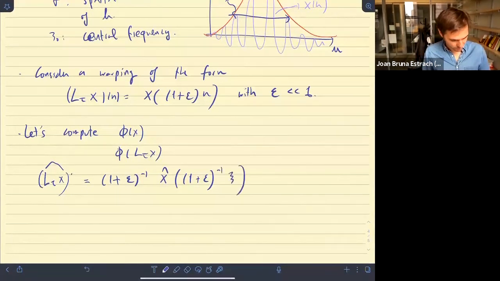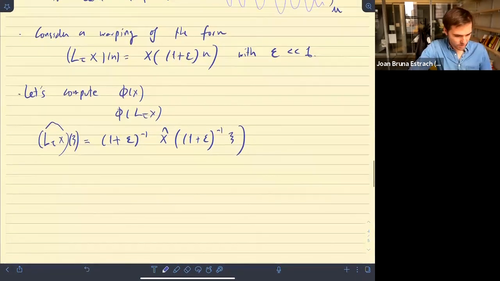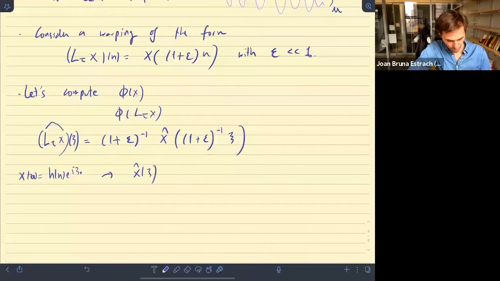Okay, so the Fourier transform of this model at frequency psi, I can relate it to this model. And of course, now we can use the definition of our function, right? So remember that we called x of u is of the form h of u times something like this. So what is the Fourier transform of a modulated window? If you remember, this means that the Fourier transform of x at xi is the Fourier transform of h at the translation in frequency, right?